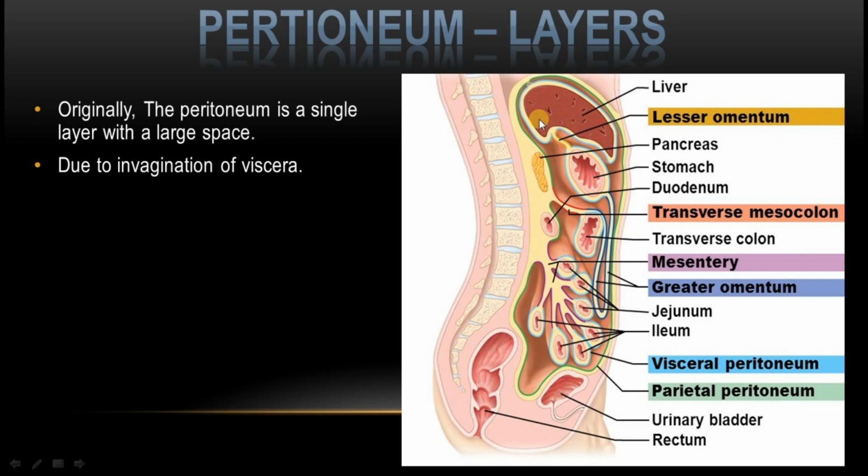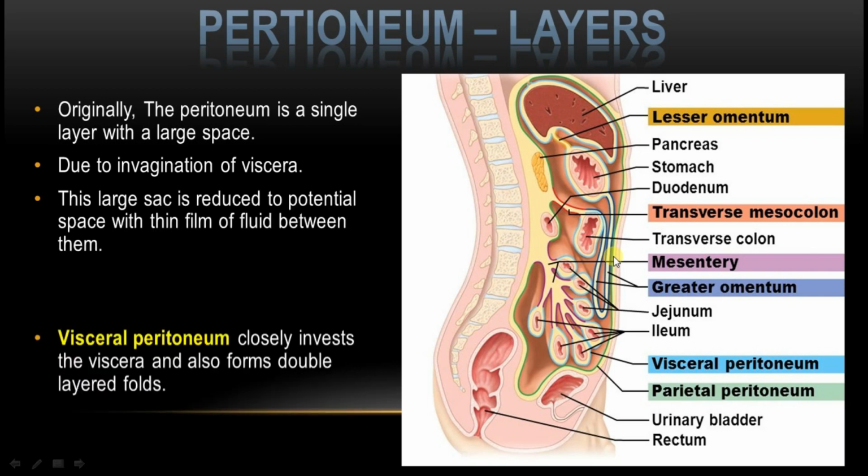So now you are able to see the large space has been invaginated by so many viscera, and because of this, between the parietal layer and the visceral layer there is only a thin film of fluid. The original peritoneal cavity is reduced to a thin potential space. Thin potential space you see here.